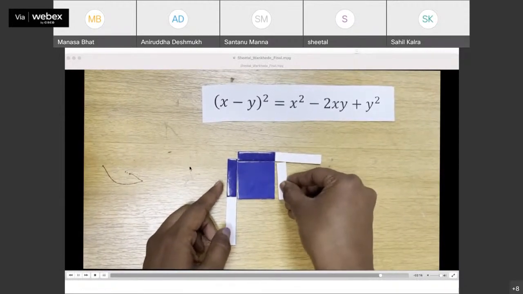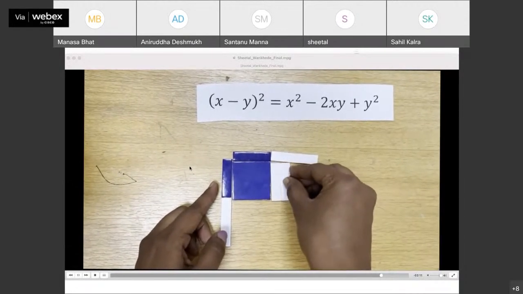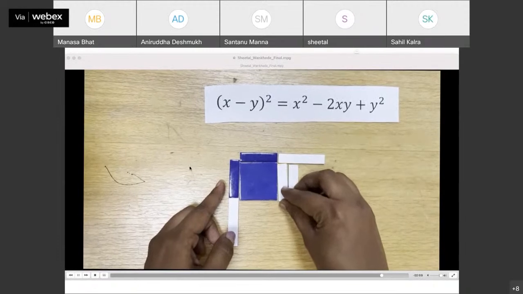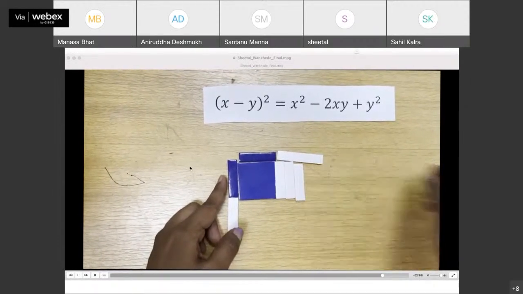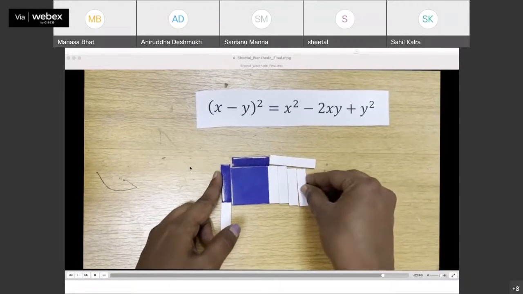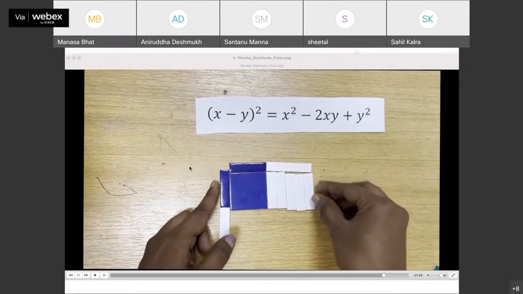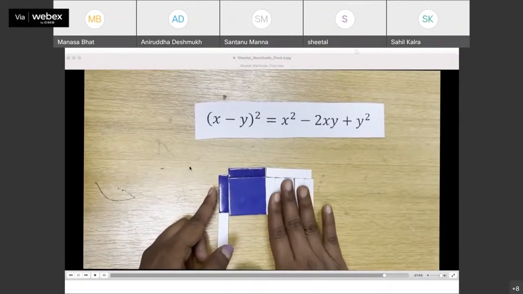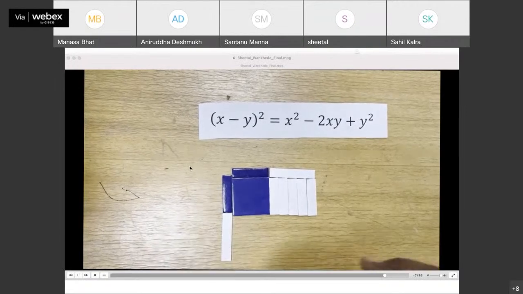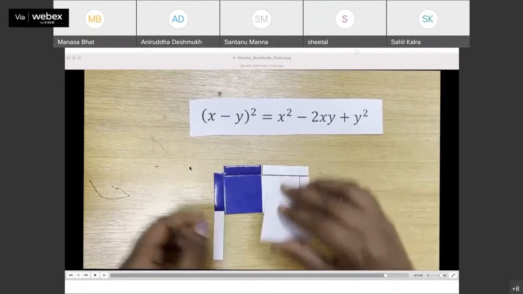So this gives you negative. We fill this minus y times. So this gives you xy. So this is your minus xy.